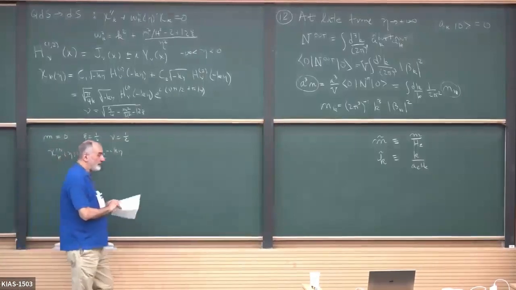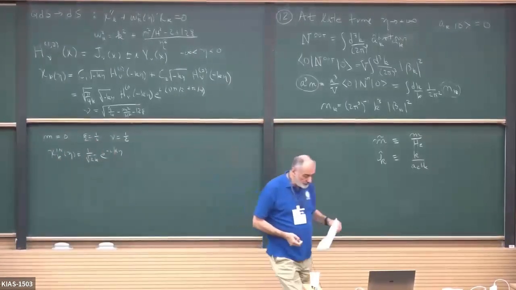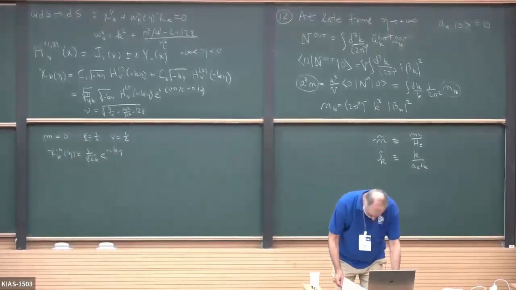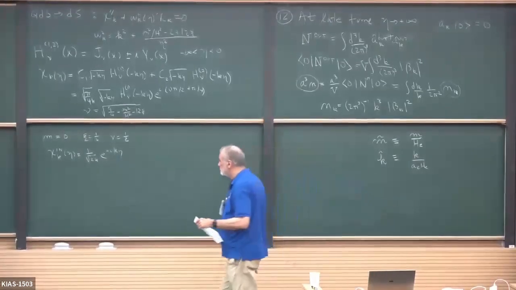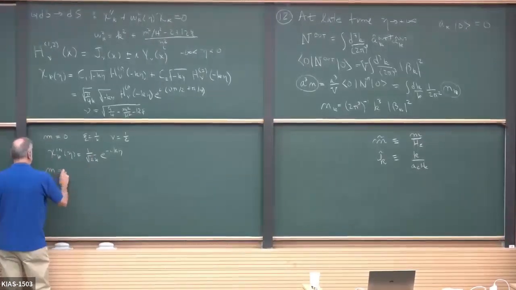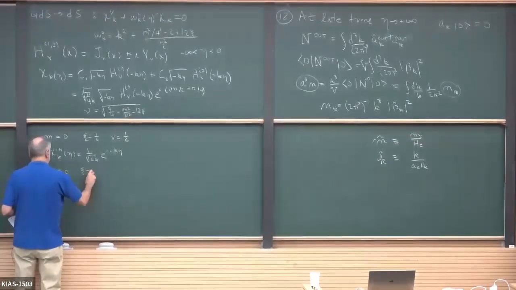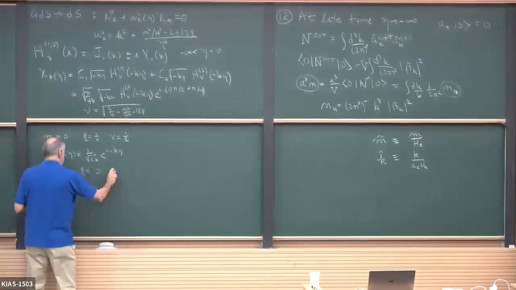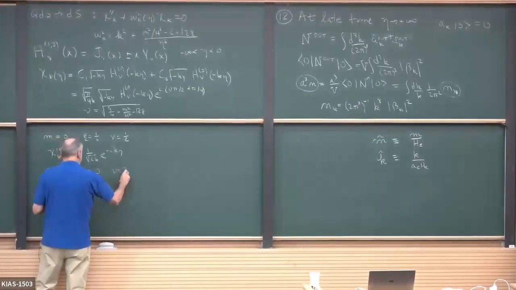Now let's look at the case of minimal coupling. Nu is equal to 3/2.